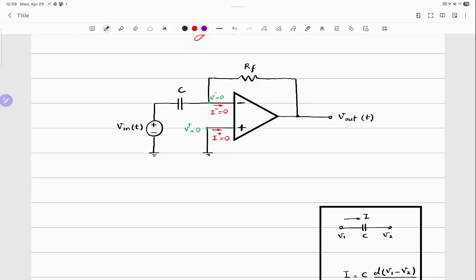Now, let's write a KCL at V negative. What should I write? KCL at V negative. Look to the left, from the negative input terminal, or the inverting terminal. What's the current leaving that node?